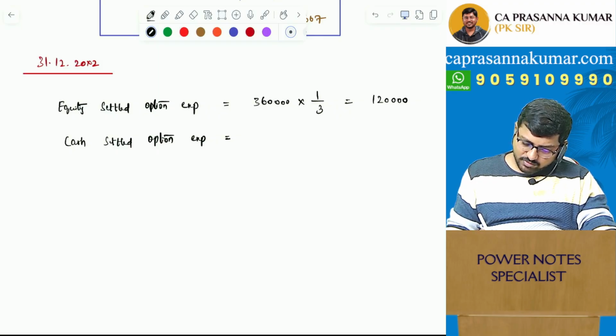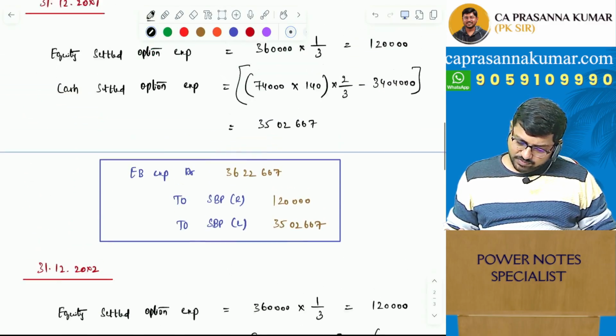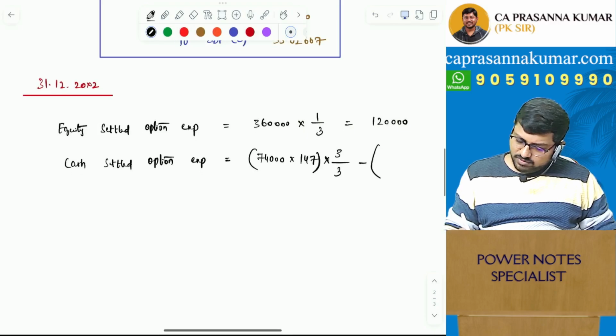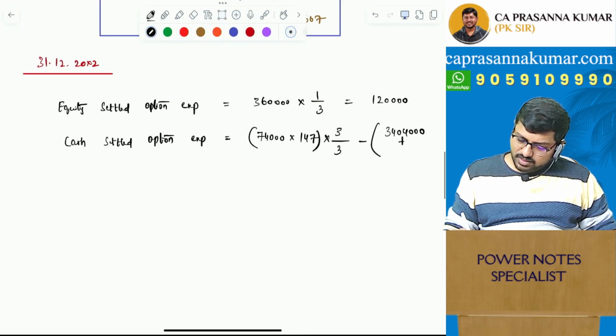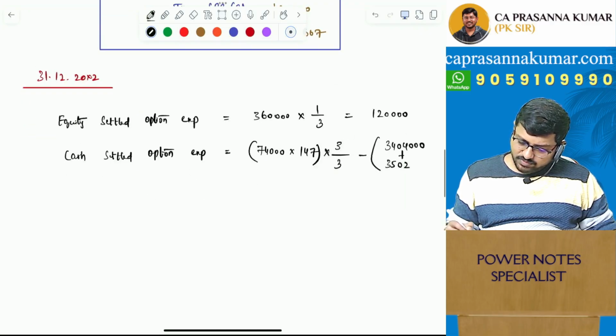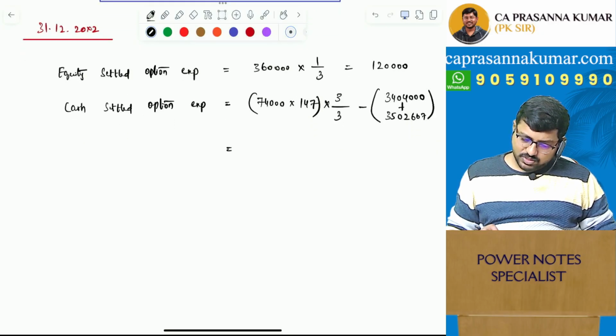Exactly. Number of employees is 1 into number of options is 74,000 into latest fair value is 147 into vesting period completed is 3, total vesting period is 3, minus previous year recognized expenses. How much? 34 lakh 4,000 in the first year plus last year 35 lakh 2,667, which is equal to, can anybody give me the number?